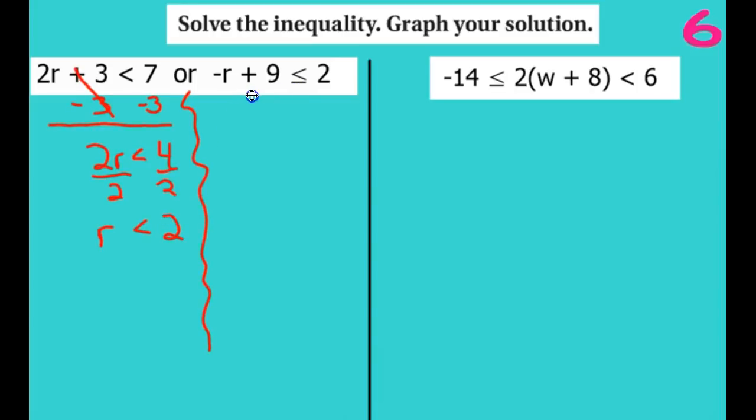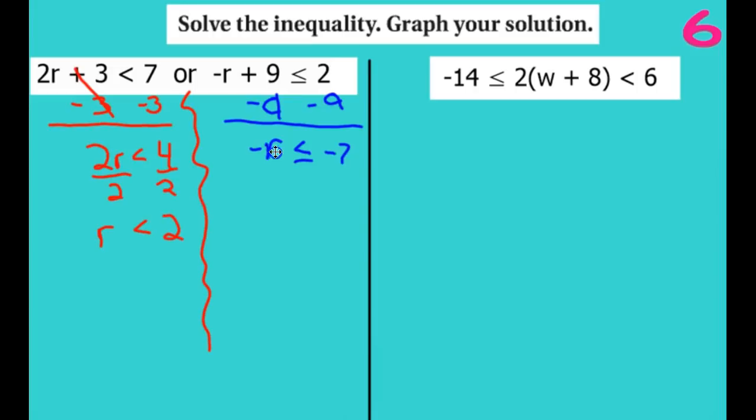Here we need to subtract 9. So subtract 9 from both sides. And subtract 9 from this side. What we're left with is negative r is less than or equal to 2 minus 9, which is negative 7.